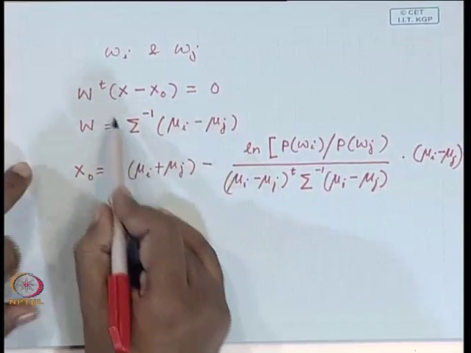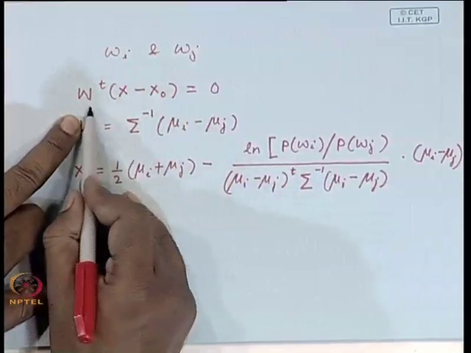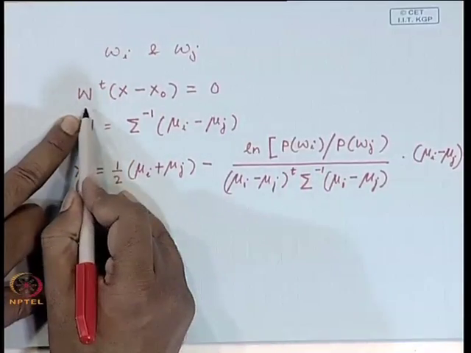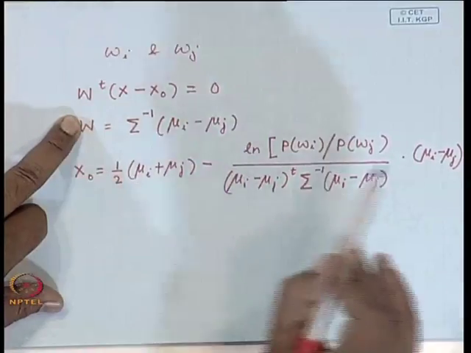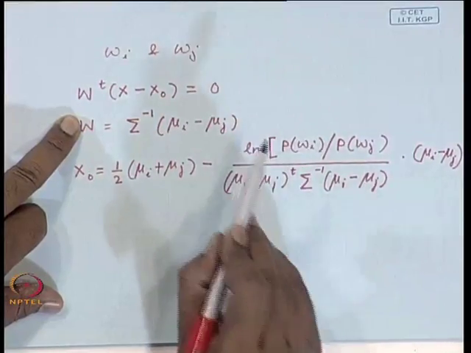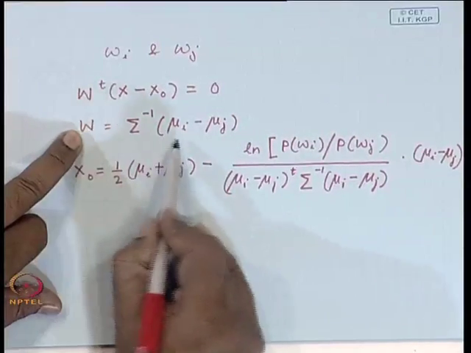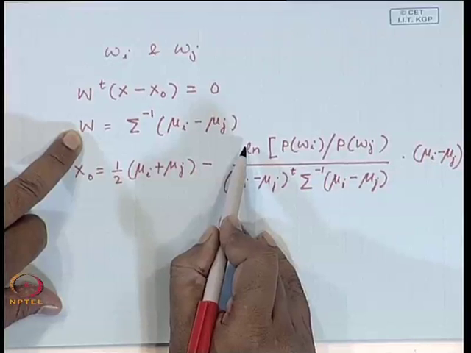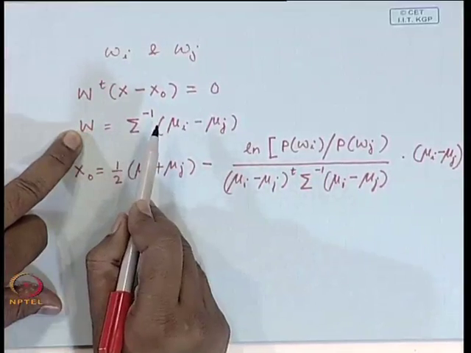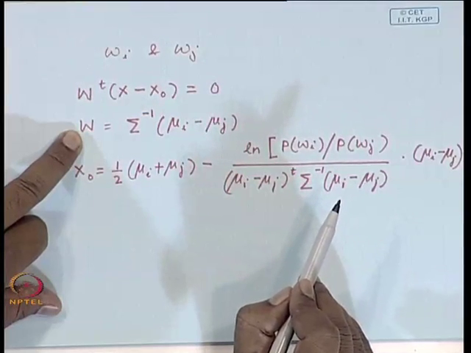So, from this expression, though my decision surface is orthogonal to vector w, in the previous case w was in the direction of the vector mu_i mu_j, so the decision surface was orthogonal to the line joining mu_i and mu_j. In this case, because w is not in the direction of the line joining mu_i and mu_j, the decision surface is not in general orthogonal to that line.